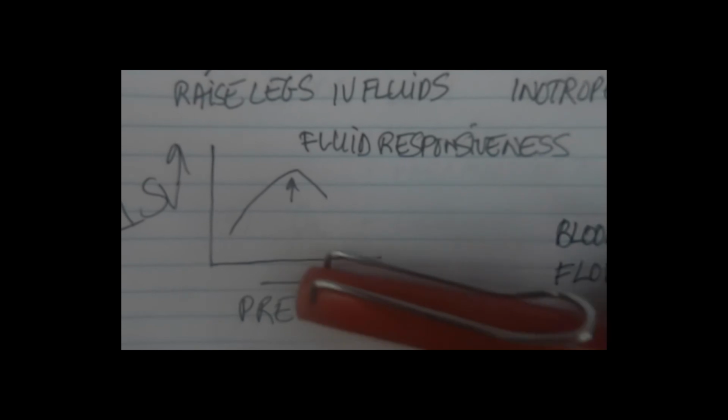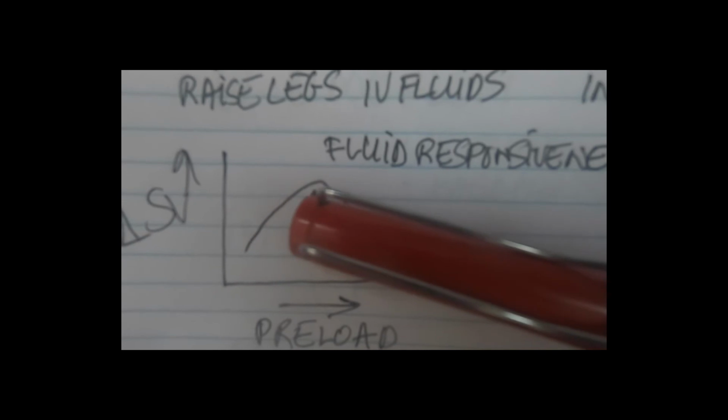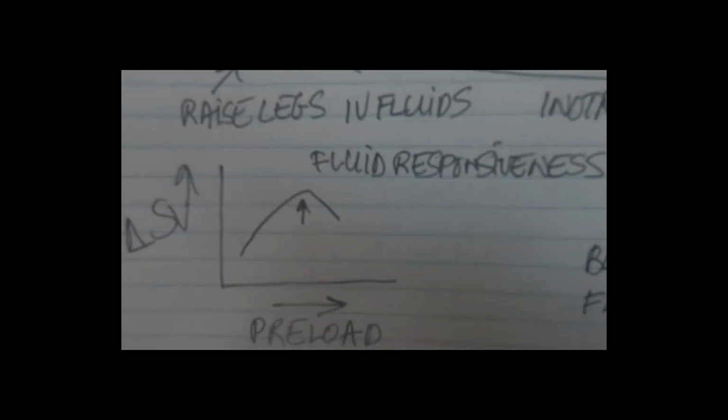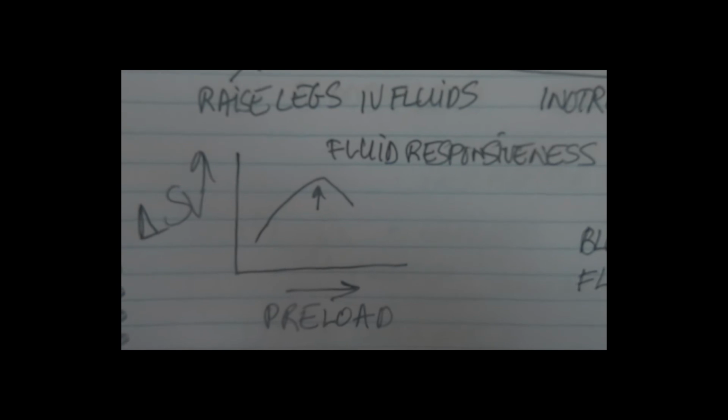So you can see here that if there's not much water in the tank, and then we start adding by raising the legs and by giving IV fluids, our stroke volume will start to become bigger and bigger and bigger. But there comes a point here where we go over the hill, and more preloading actually becomes overloading, and we're sloping down.